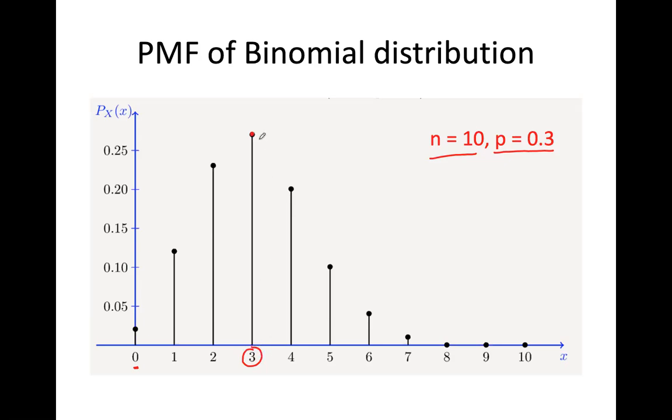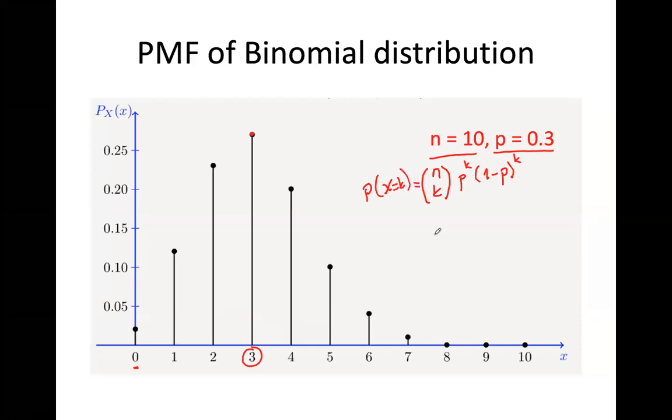Why is this the highest? How was my formulation? N choose k, p to the power k, 1 minus p to the power k. This is my probability of obtaining k heads.